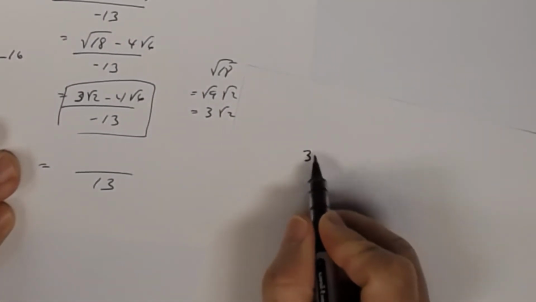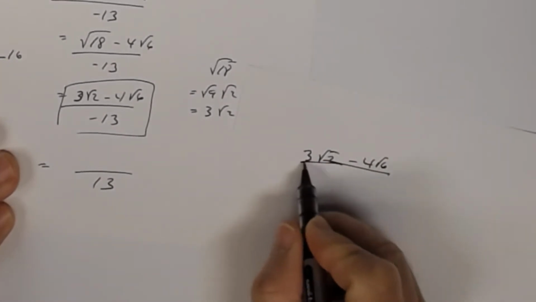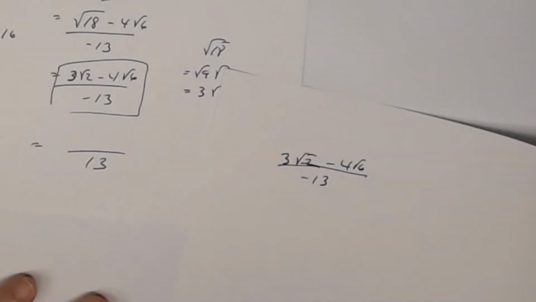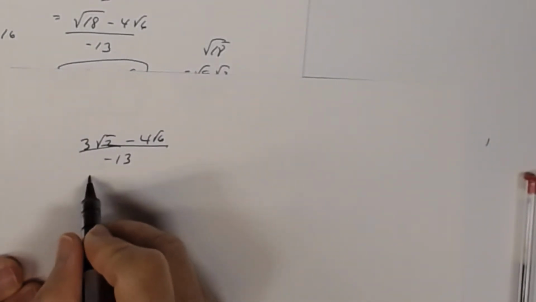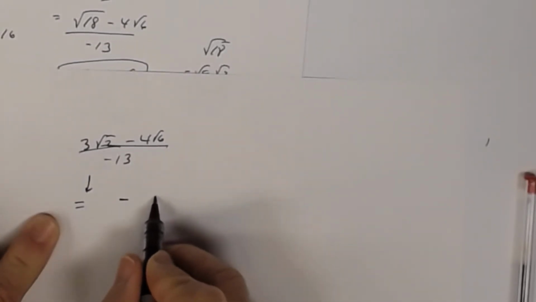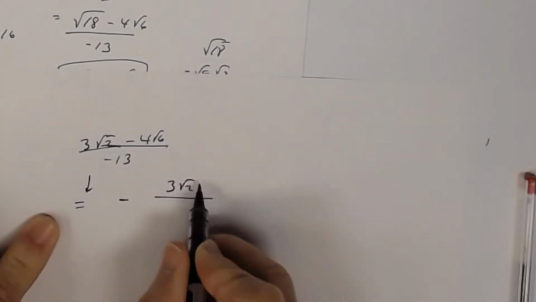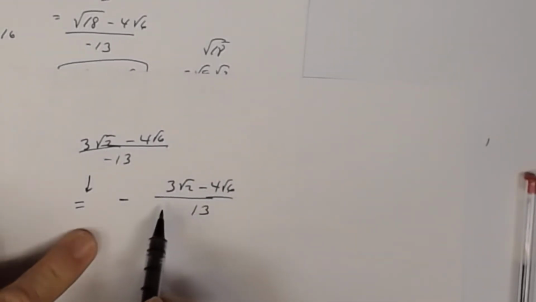And so you get 3 square root of 2 minus 4 square root of 6 divided by negative 13. So you can rewrite this negative 13 as this. So this becomes, and you can put the negative out in front, negative, and then 3 square root of 2 minus 4 square root of 6 divided by 13. All right, so those two mean the same thing.